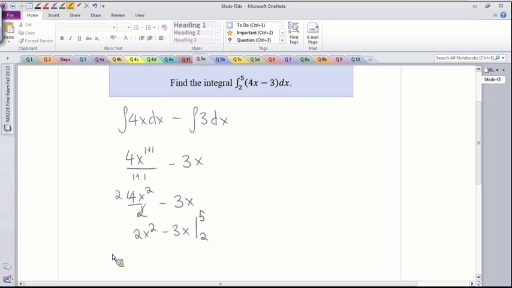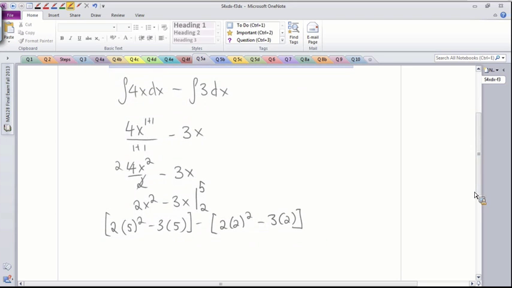It's going to be 2 times 5 squared minus 3 times 5, minus, 2 times 2 squared minus 3 times 2. Plugging in 5 is our first expression, and plugging in 2 will be our second expression. So any questions so far?